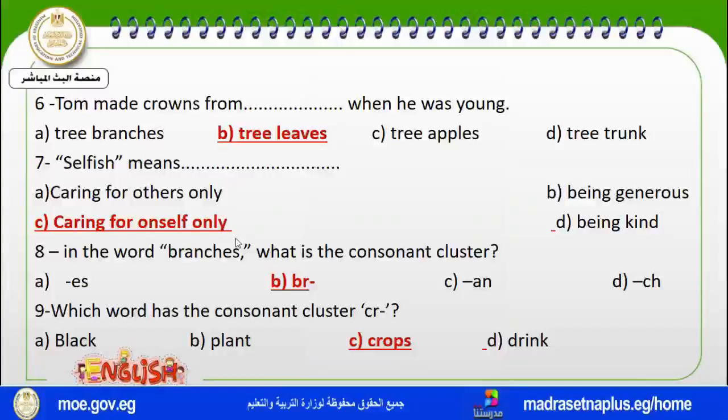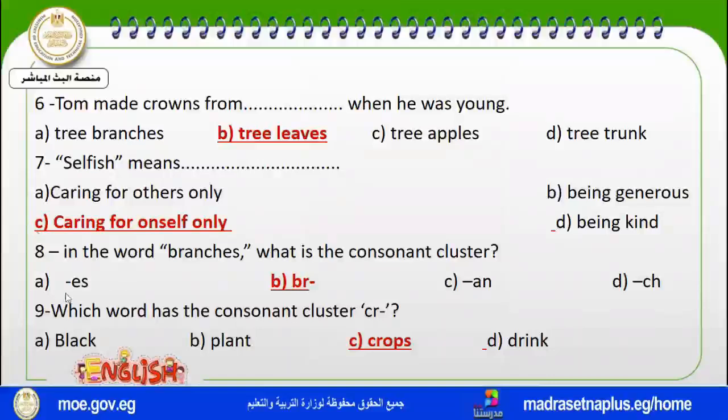Number 8 asks us about consonant clusters. Do you remember what the term consonant cluster means? Consonant clusters means two or more consonant sounds that come after each other in the same word. For example, the word branch.